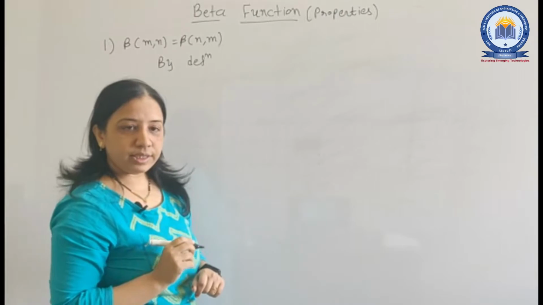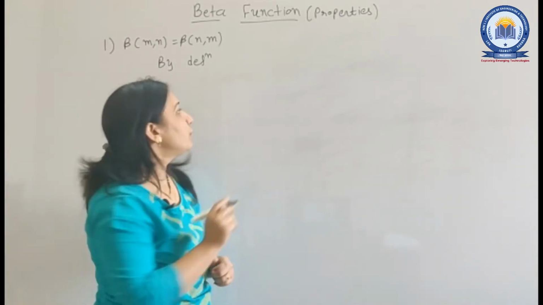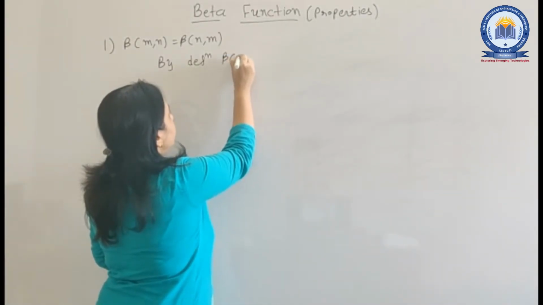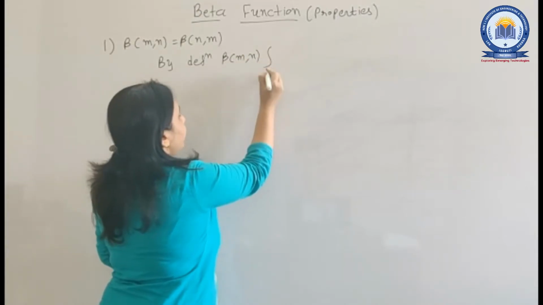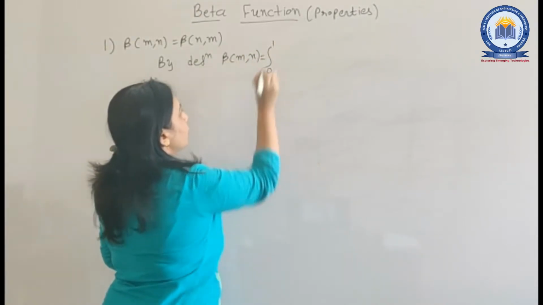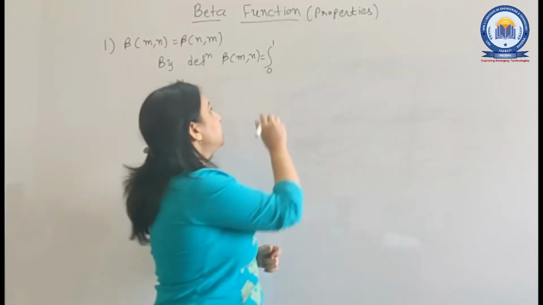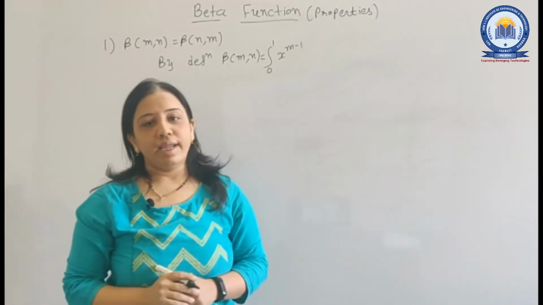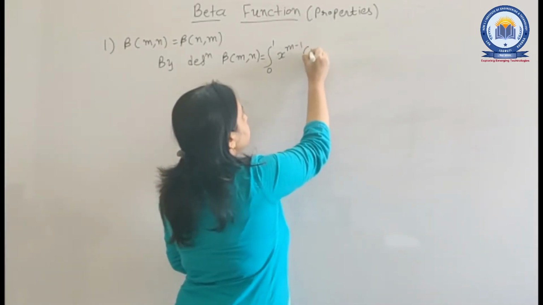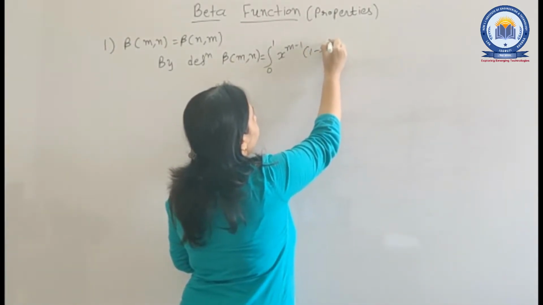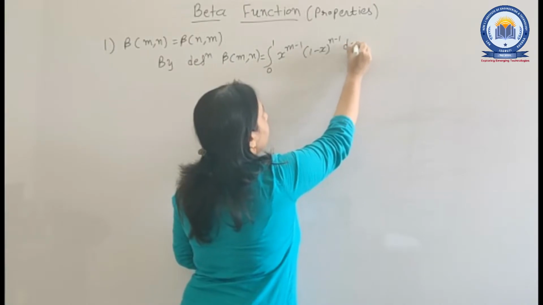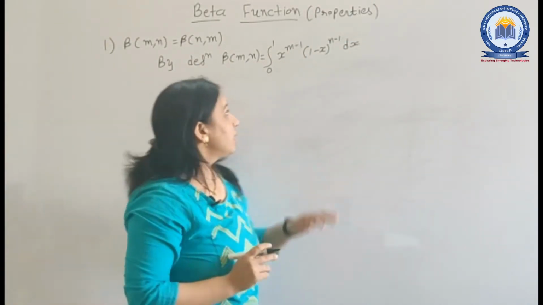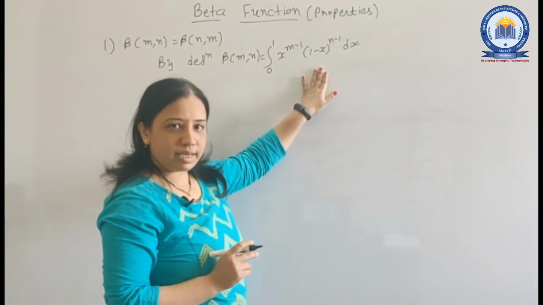By definition, beta(m,n) equals integration 0 to 1 x raised to m minus 1 into 1 minus x raised to n minus 1 dx. This is the basic definition.